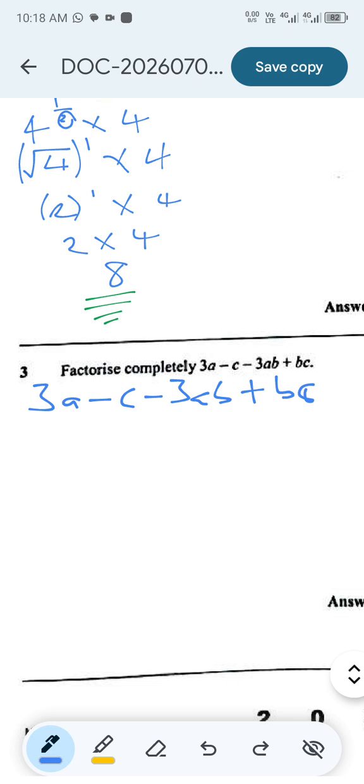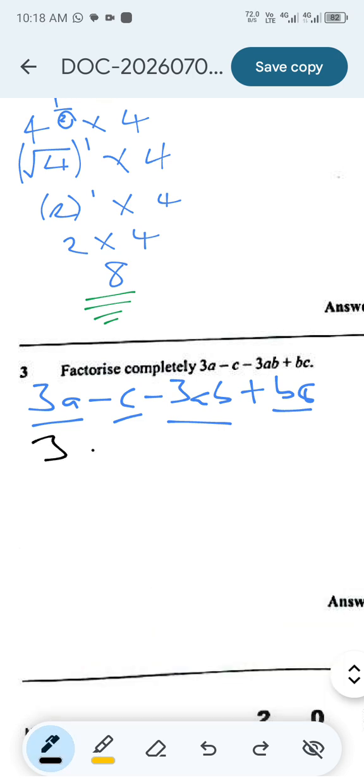So amongst all these terms, what term do you think is in association with 3a? 3a is in association with 3ab because these ones are common. They are having some similarities in them. Then this term c is common with the bc. So all we need to do now is to arrange these terms together.